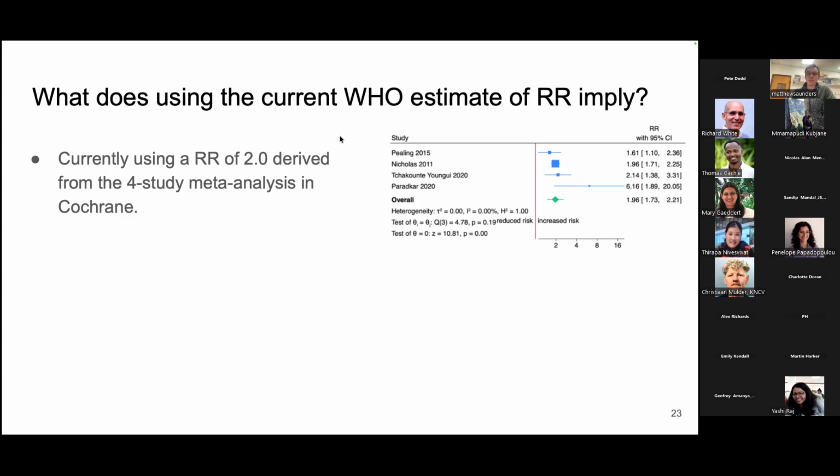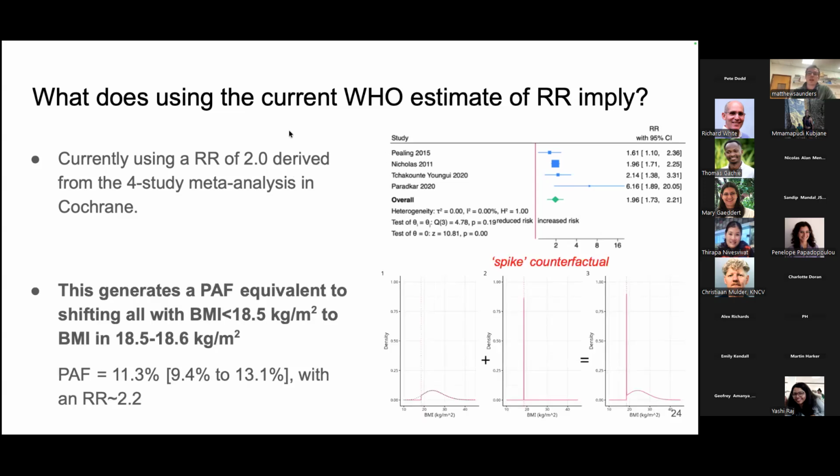meta-analysis. So basically, we tried to reverse engineer this, if you like, to see what that implicit assumption is in terms of BMI distributions. And the closest that we could come to is this spike counterfactual scenario, which is basically where we would take everybody with a BMI of under 18.5 and just lift them just above the threshold. So they all have a BMI of between 18.5 and 18.6, which is represented by this big spike on the right-hand side here.